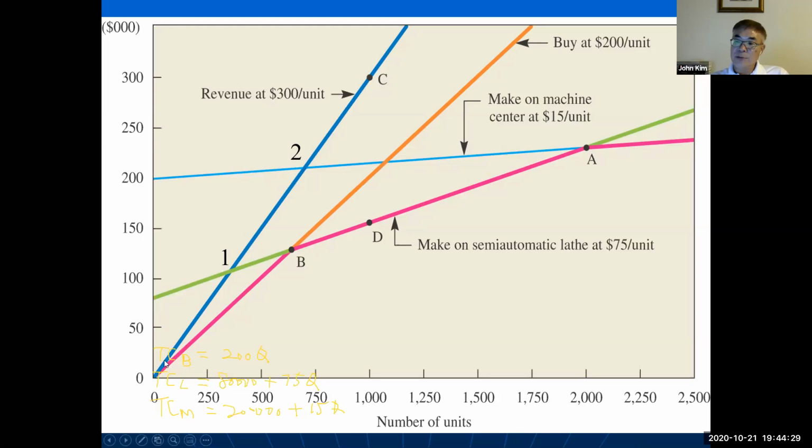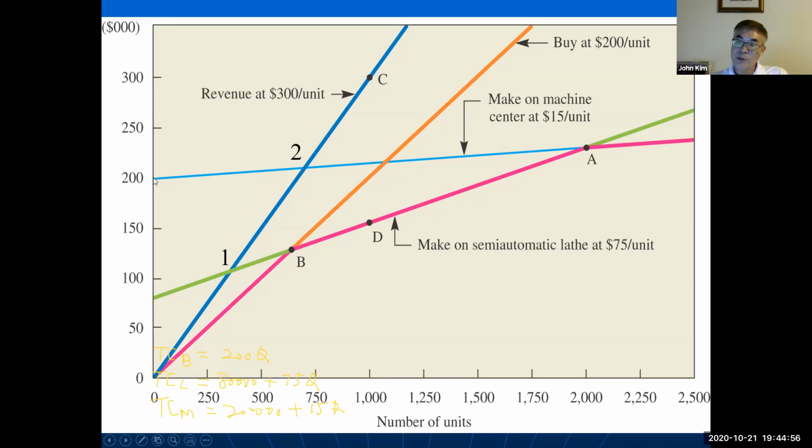Then the first option, buy at $200, no fixed cost. So start point from 0, increase by 200. Then second one, using lathe, 80,000 starting point, and then increase by 75.